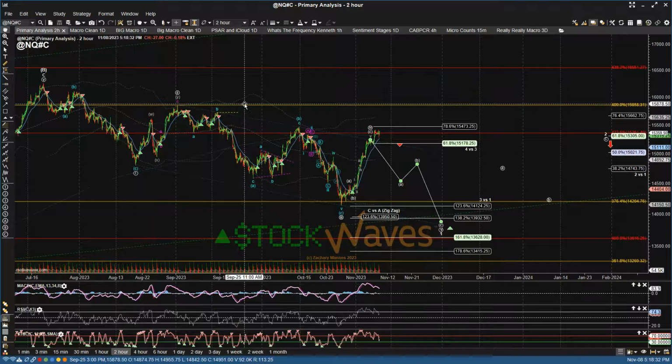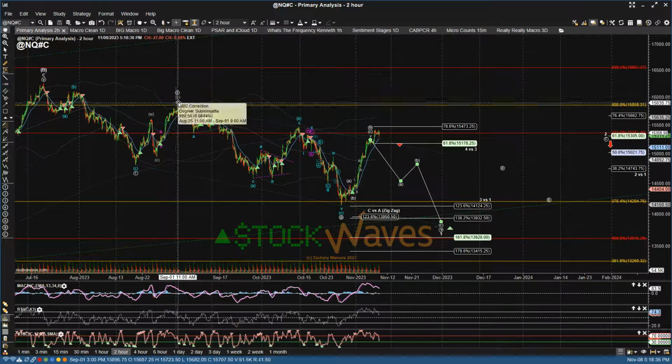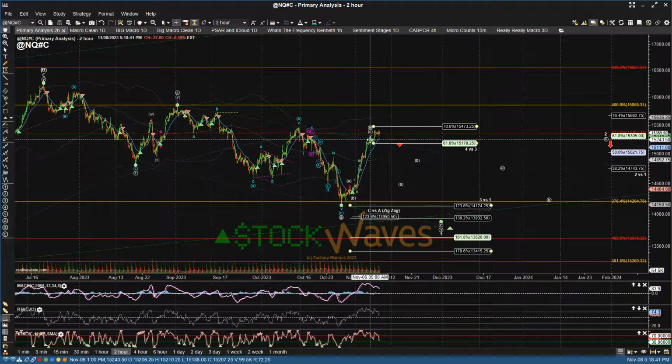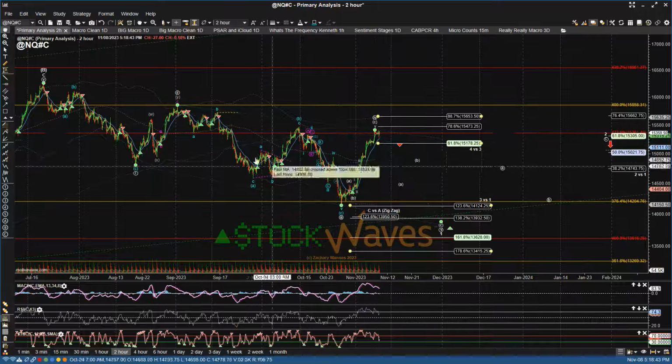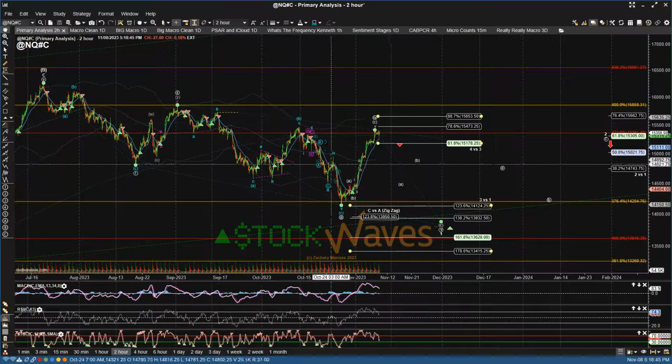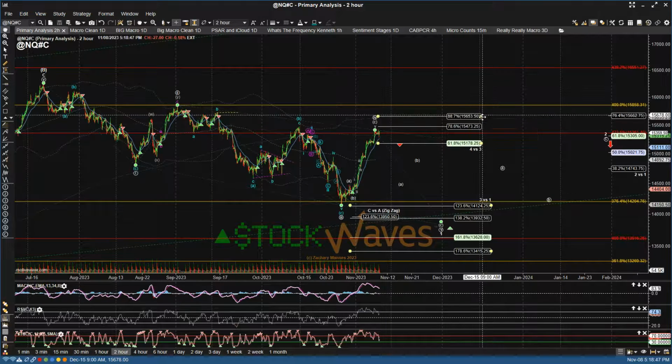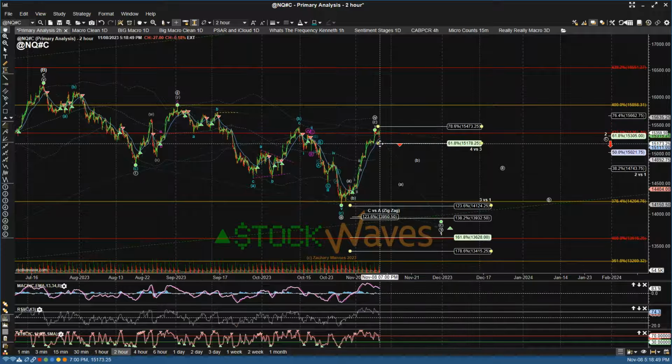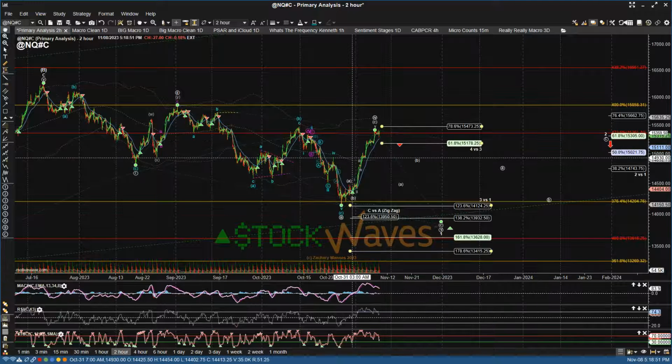The only place that a fourth wave invalidates on a diagonal is if it gets over the terminal point of the wave 2. But if we stretch this out over here, we can see that the trend lines are starting to expand a little bit. And my preference and Garrett's preference on diagonals is that the trend lines are trying to remain parallel or contract, but you don't always get what you prefer.